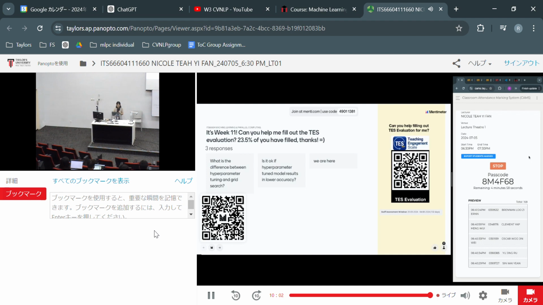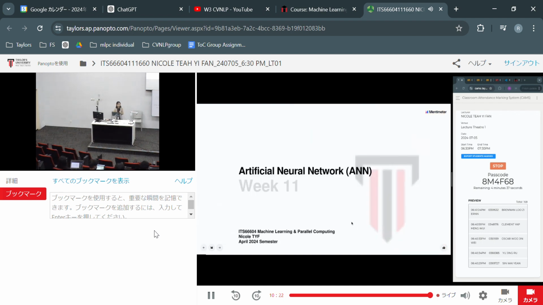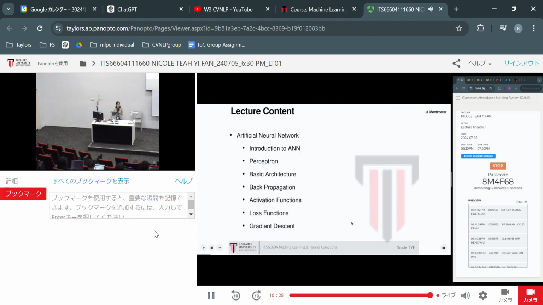So as for today, we will be talking about artificial neural network, ANN. The reason why we need to learn about this ANN is because it is one of the simplest neural network architectures before we venture into deep learning, especially in computer vision and also natural language processing tasks.